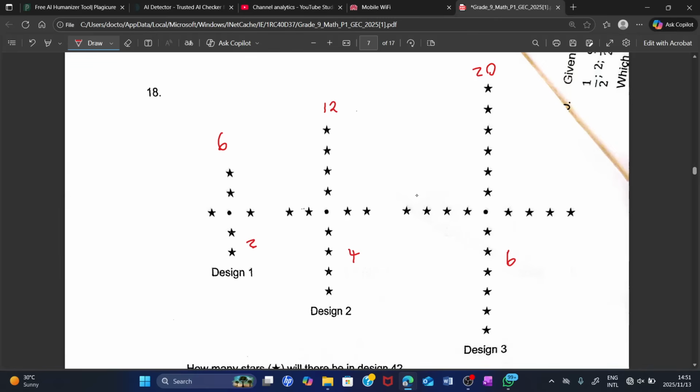Okay. And then that is this one, 1, 2, 1, 2, 1. This one, 1, 2, 3, 4. 1, 2, 3, 4, 5, 6, 7, 8. So this one will be 8, and this one is increasing by 4.